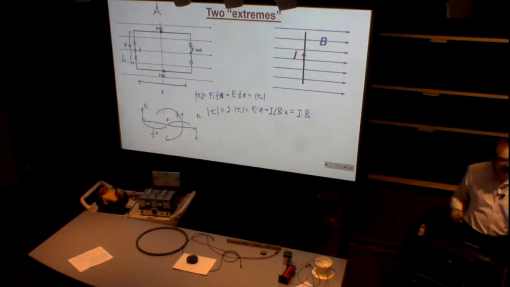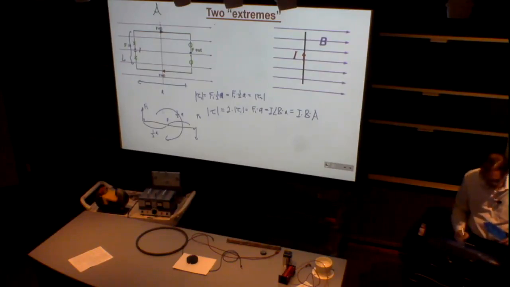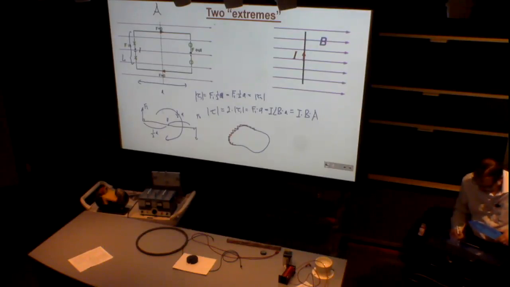So even though we used a simple situation, a rectangular loop, the result stands for any loop. Shape doesn't matter, because any complicated loop we can always break down into smaller portions which are perpendicular or parallel to magnetic field, etc. So we can always represent it as some kind of rectangular or trapezoidal shapes.